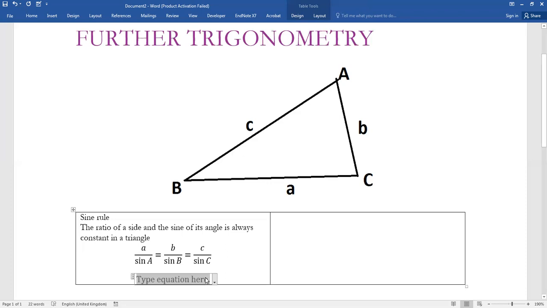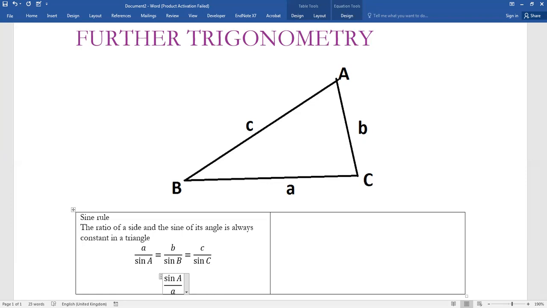Similarly, this entire thing can be taken the other way around as well. Sine A upon a will be equal to sine B upon b. So if you keep the angle in the numerator, you always keep the angle in the numerator. Or if you keep the side in the numerator, you make sure that only sides are in the numerator. So this ratio stays consistent. This is the sine rule. Very easy.